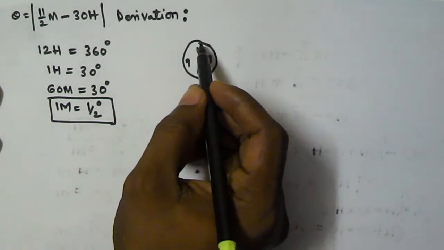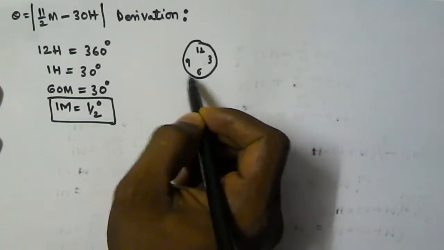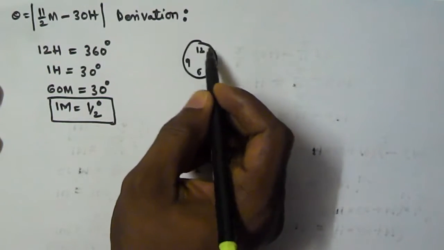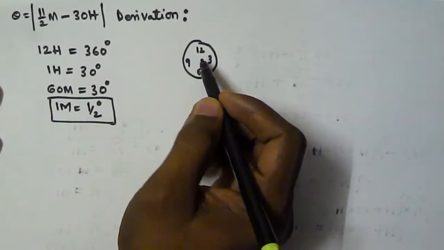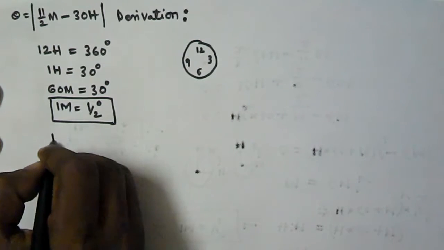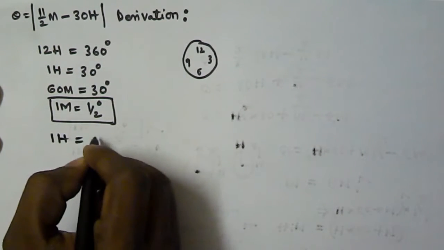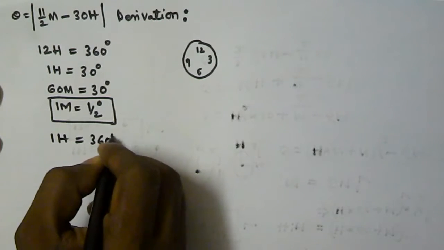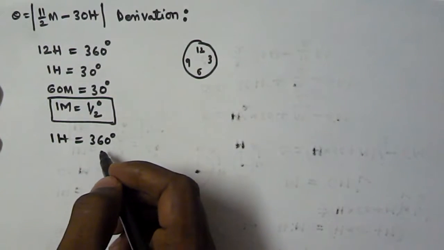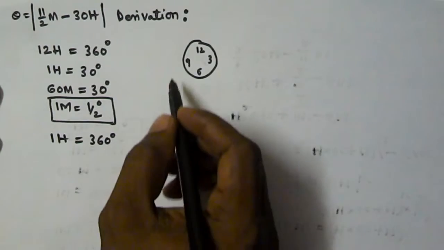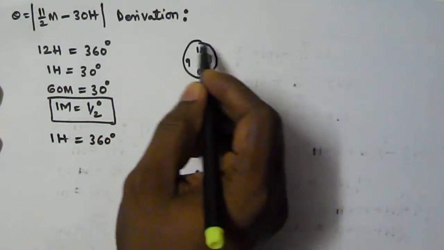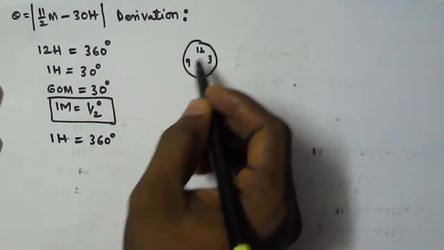The minute hand makes one circle in 1 hour. So in the case of the minute hand, 1 hour is equal to 360 degrees. Why am I taking 1 hour as 360 degrees? Because the minute hand travels the whole clock, one round, in 1 hour.